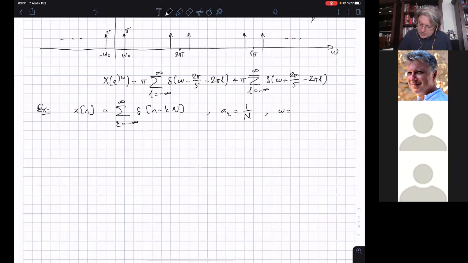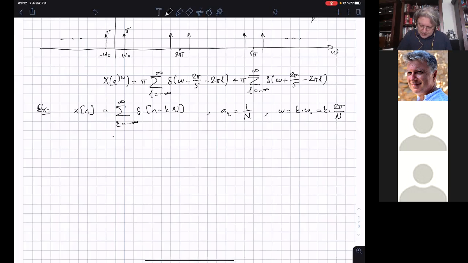The frequencies are, for all k, k times omega 0, or k times 2 pi over capital N. So omega 0 is 2 pi over capital N because the period is capital N. For all integer multiples of 2 pi over capital N, we have the same Fourier series coefficient.